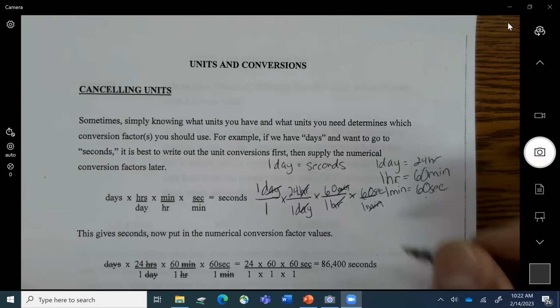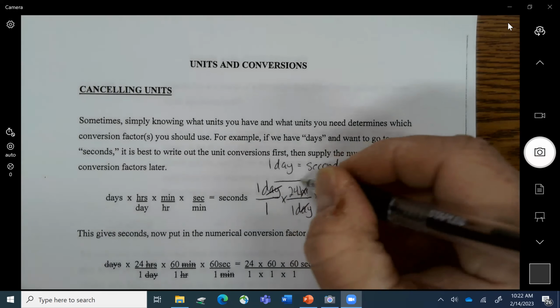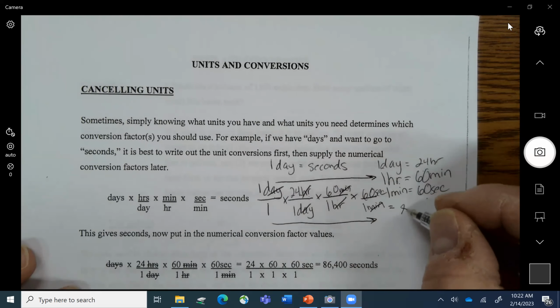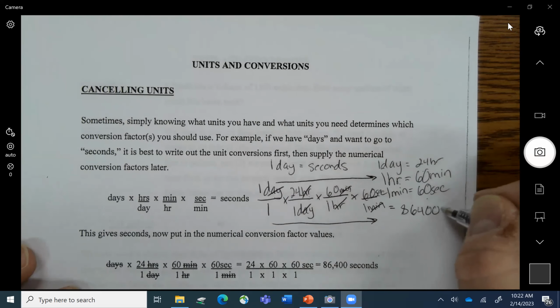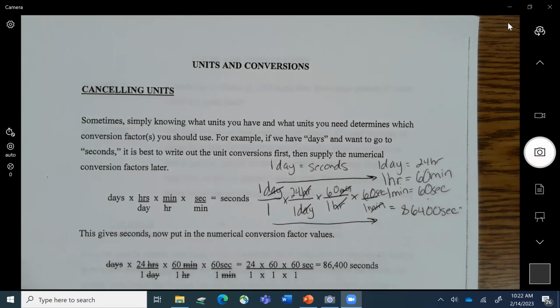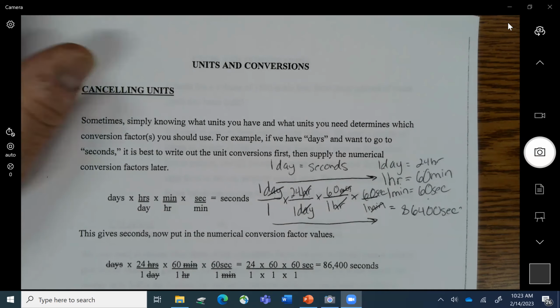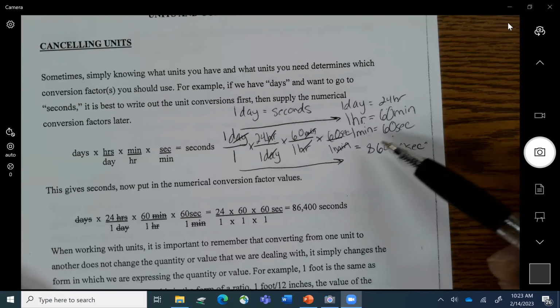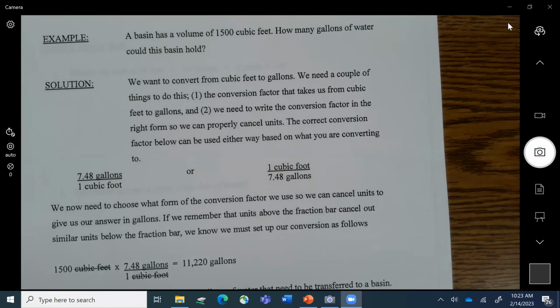So logically going through this, you just have the top, bottom. So there are 86,400 seconds in a day. That's a fairly large number, isn't it? All right, so I just wanted to show and describe the logic that you can think about with these things too, and help understand what's going on. Okay.